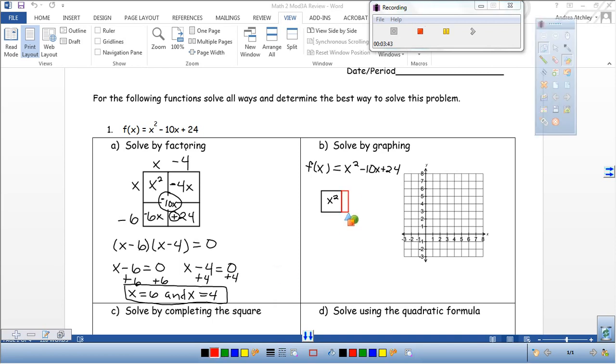Oh goodness, this is not working. 10 x's, split into 5 on this side and 5 on this side as well: 1, 2, 3, 4, and 5 on each.